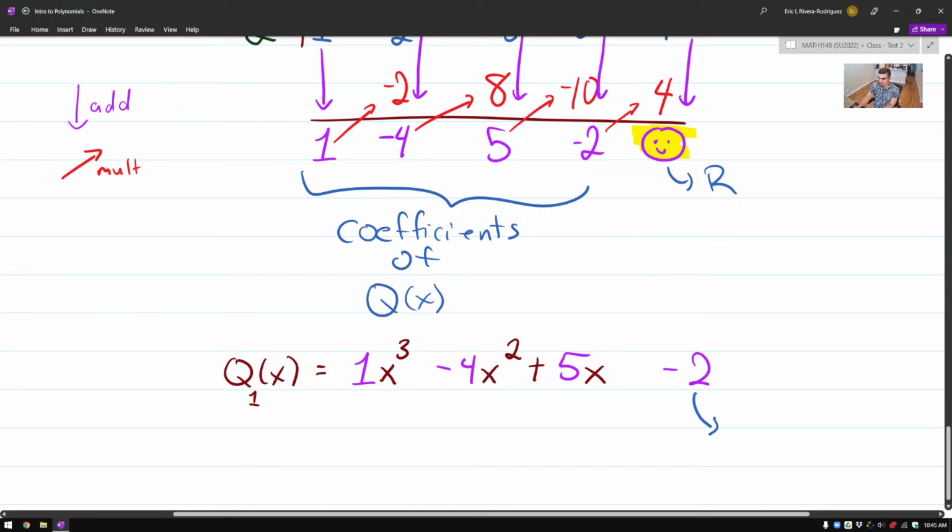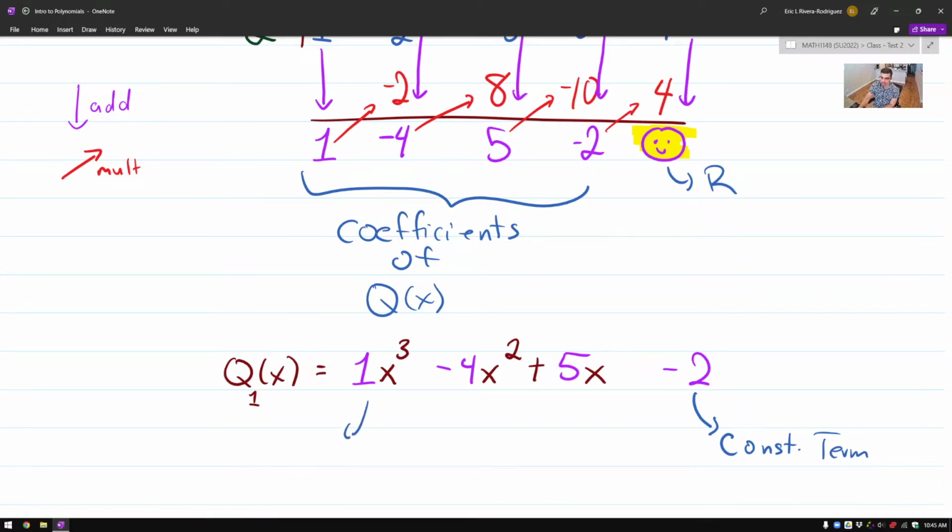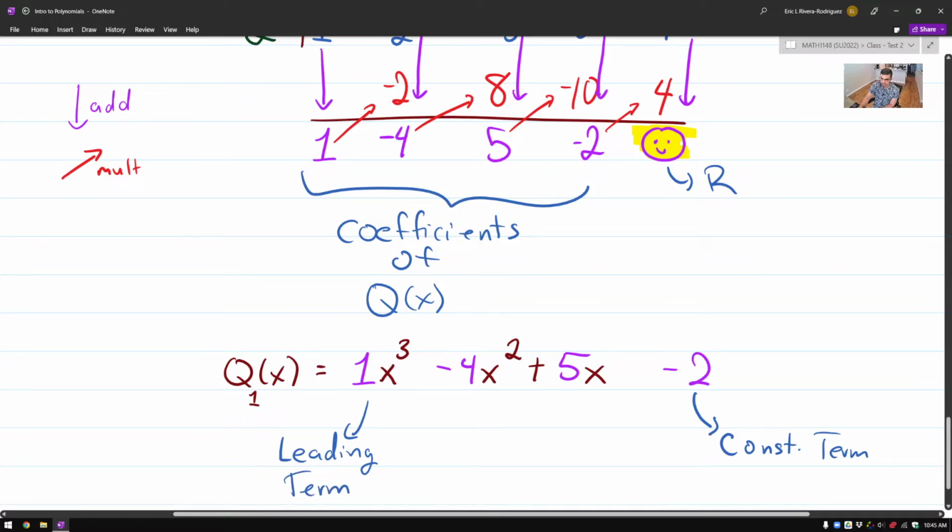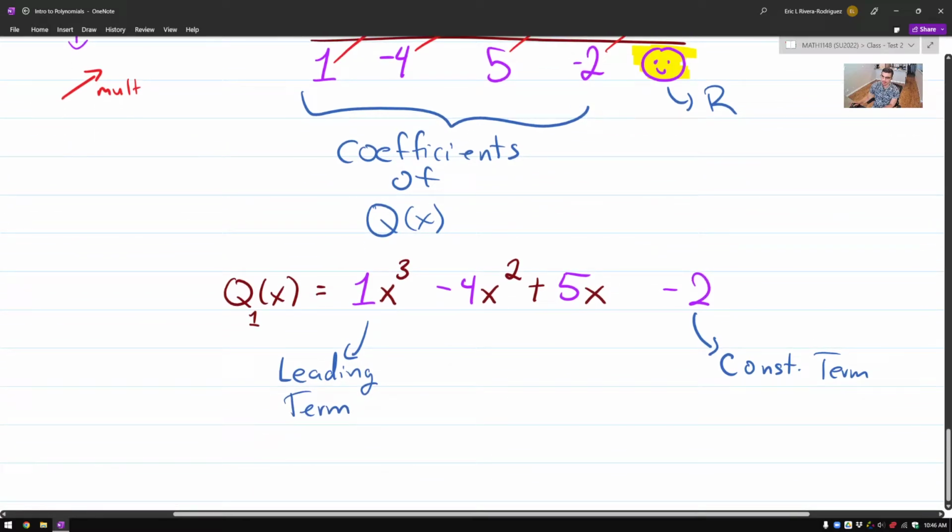This last number is representing the constant term, and this first value, which is 1, is representing the leading term. Now we have a polynomial of degree 3.